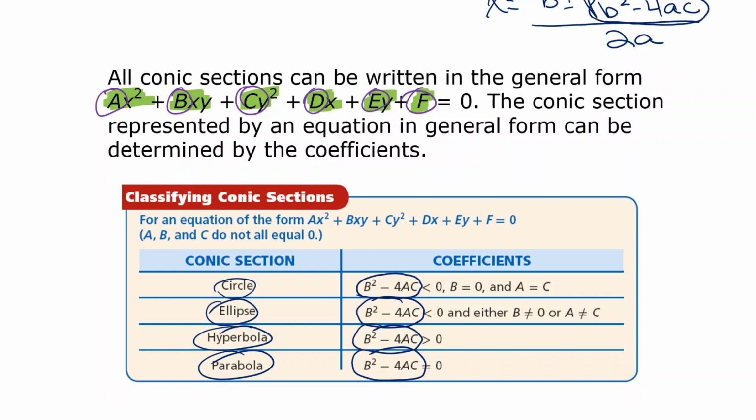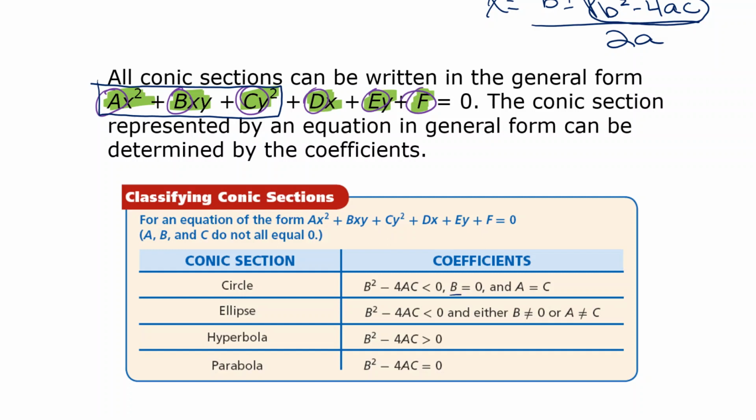So for number 1, if it's a circle, let's see what happens when we fill in A, B, and C. We're really just interested in this short little section right here, the ax squared, bxy, and cy squared. That's our main concern. So if b squared minus 4ac is less than 0 and b equals 0 and a equals c, you have a circle.